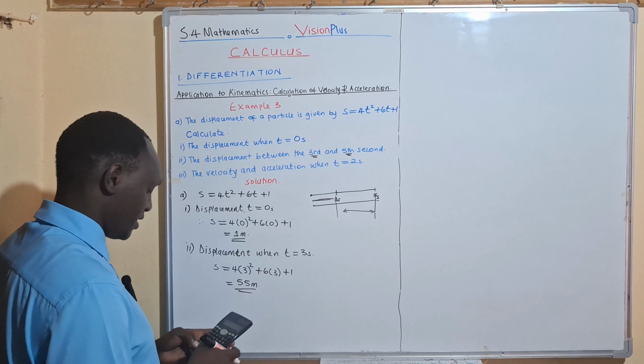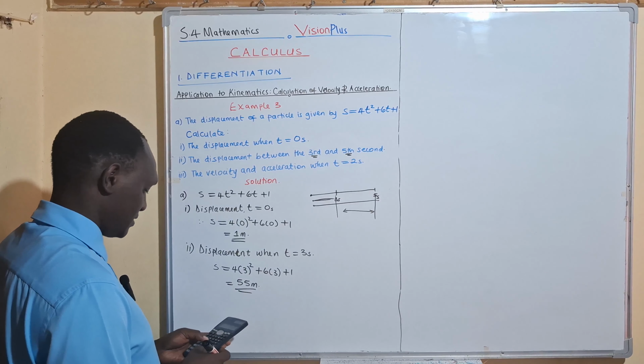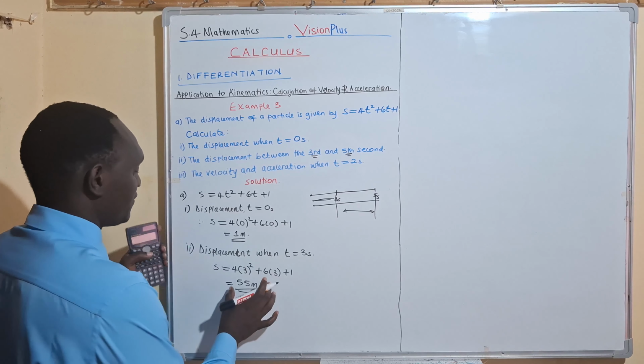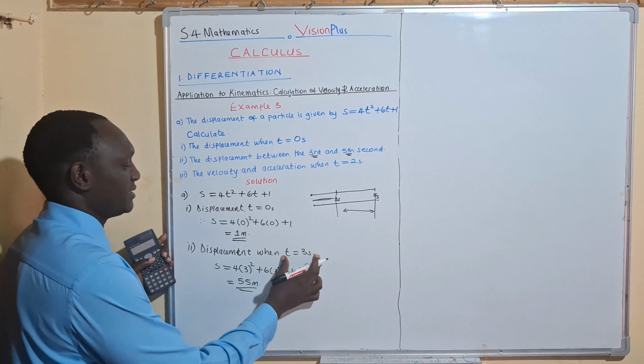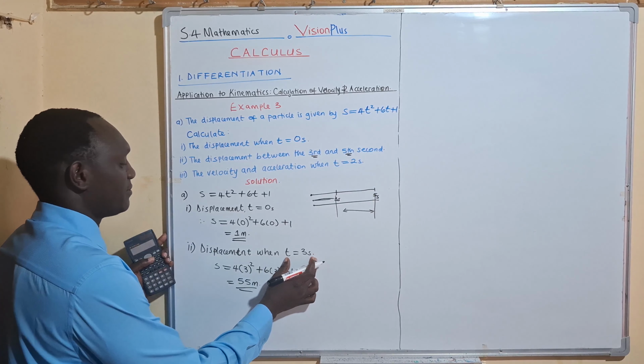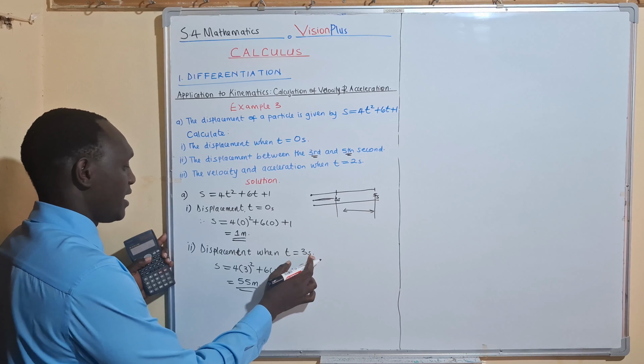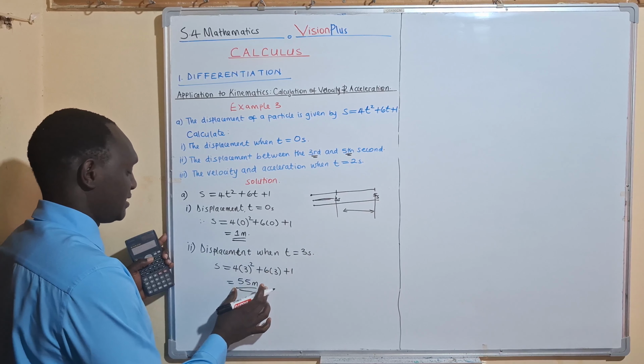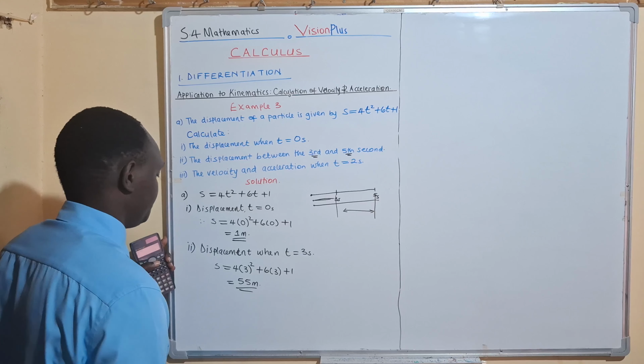Confirm the answer before you leave: 4 times 3 squared plus 6 times 3 plus 1, 55 meters. So after the time 3 seconds from the origin, the particle has moved a distance of 55 meters in a given direction.